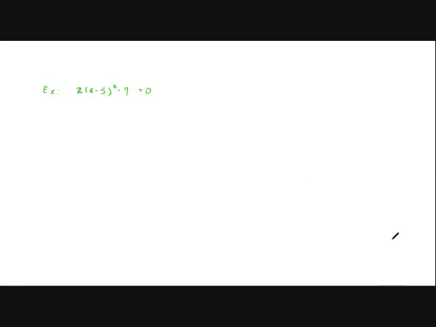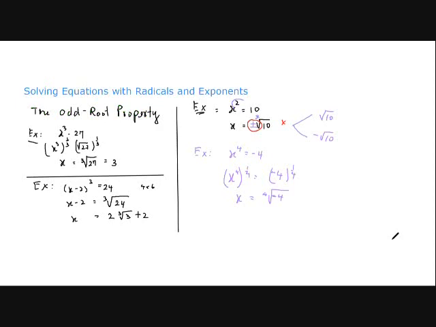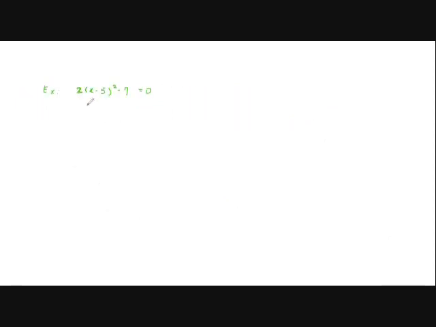So now how to do it? The easiest is to move the 7 over, so it equals 7. But actually you can move it right away to save time. Then this 2 moves to the other side, so we divide by 2.